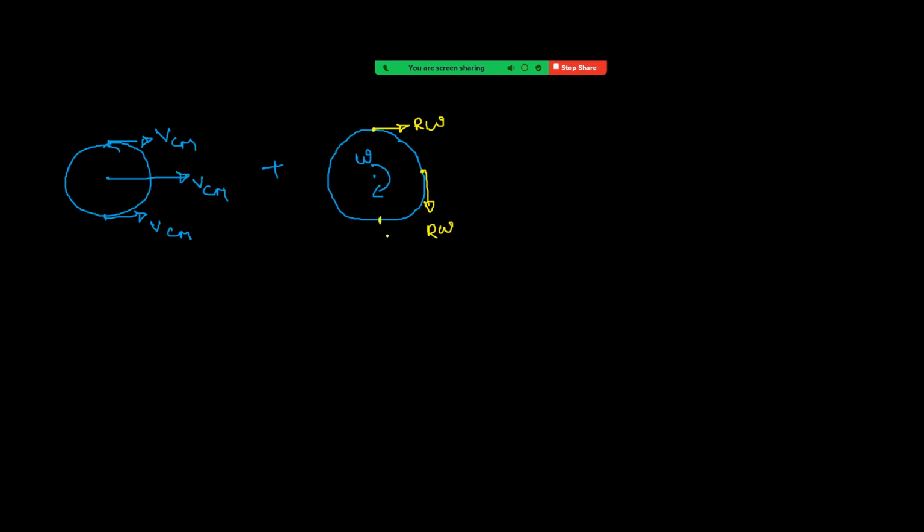And for the bottommost point, velocity r omega like this. And for this point, velocity is vertically up. So except the points on the axis of rotation, all remaining points are following a circular path. So combining these two is called rolling.